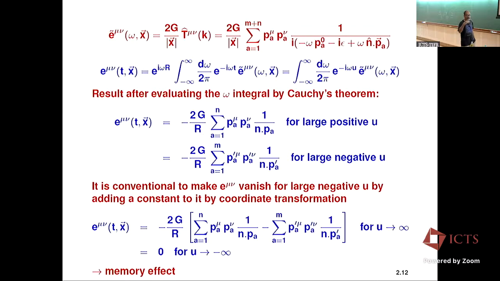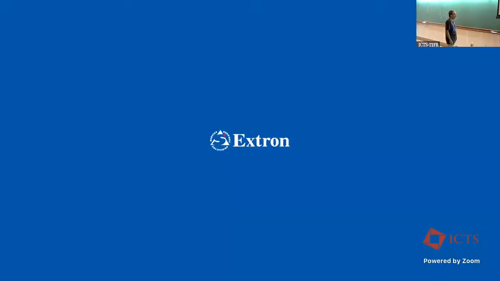So you can always add a constant to the gravitational field g mu nu to make this into 0, but the price you pay is that the same constant now has to be added to late time. So what matters is really the difference between these, not what it becomes at far past or far future by itself.